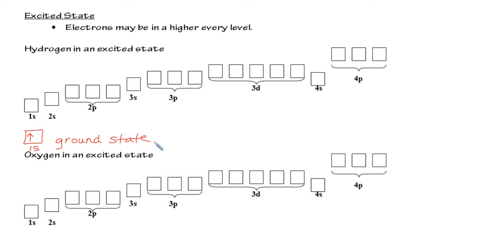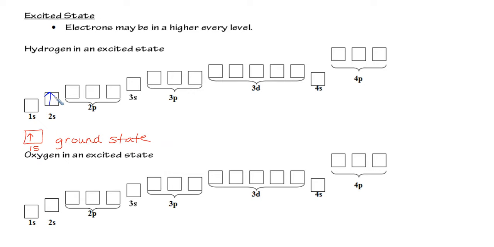What if you saw something like this? Yikes, that's weird. Okay, we would still know that it's hydrogen. There's only 1 electron. Hydrogen is the only atom that has 1 electron. But we would say this is excited hydrogen because that electron is not in its normal ground state.